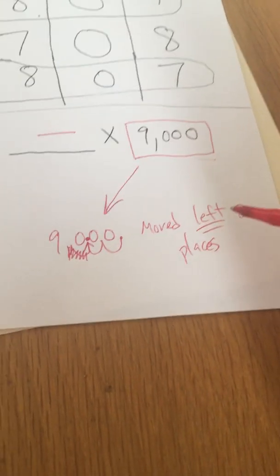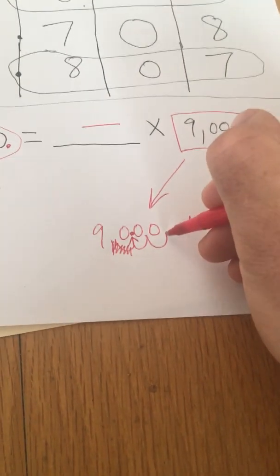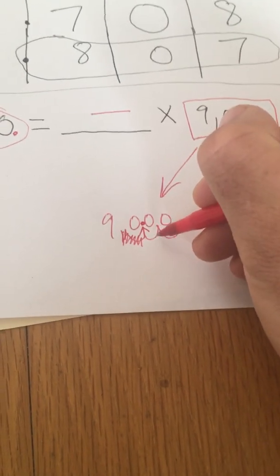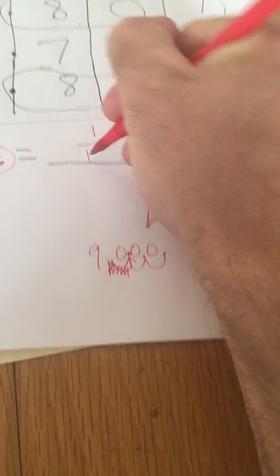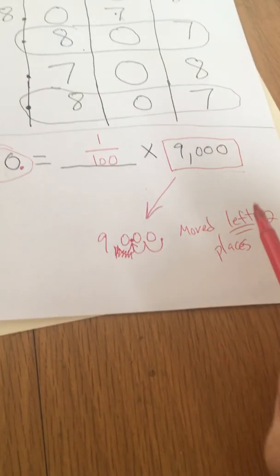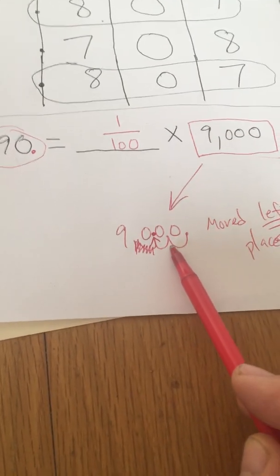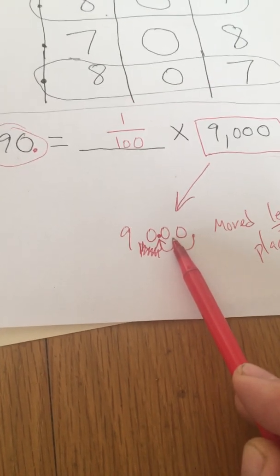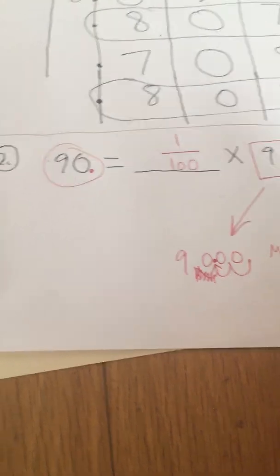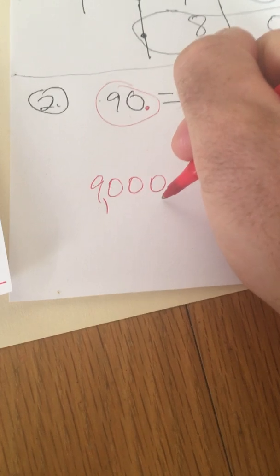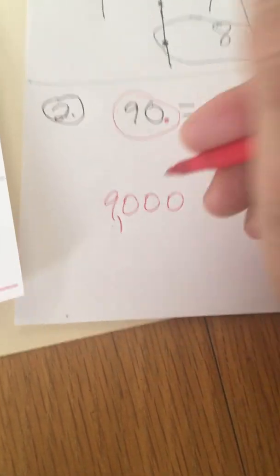So since we moved it left 2 places, that tells us that we multiplied by 1/100th. Because every place you move to the left is 10 times bigger. Every place value you move is 10 times bigger. So we're going to go from 9,000, and we're going to end up having it be 90.